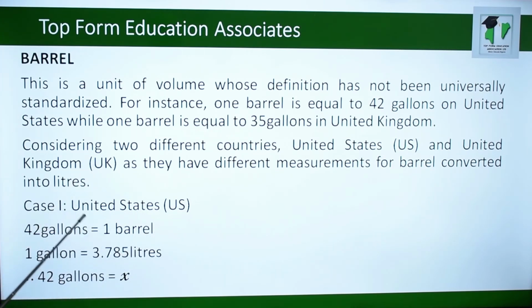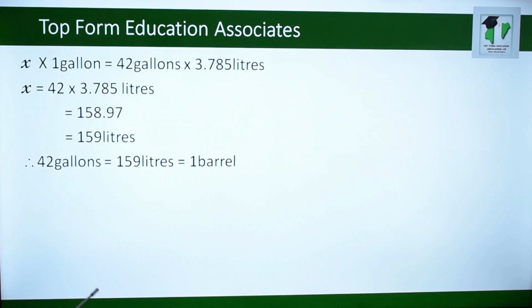Case 1 is that of the United States. 42 gallons in the United States equal 1 barrel. So 1 gallon on its own is 3.785 liters. So what will be the value of 42 gallons in liters?